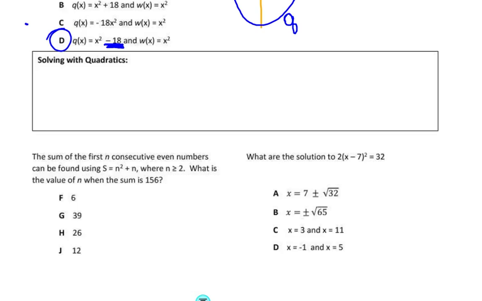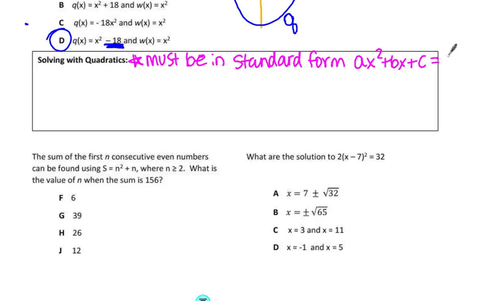All right, and then solving with quadratics. The biggest, most important rule here is that it must be in, I want to say standard form, but it doesn't always necessarily look like standard form, which is ax squared plus bx plus c equals 0.